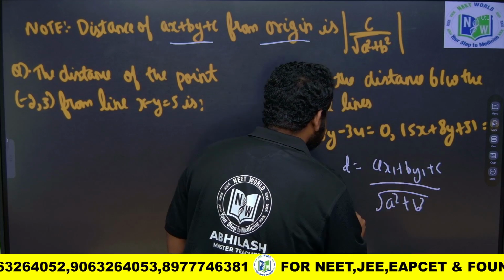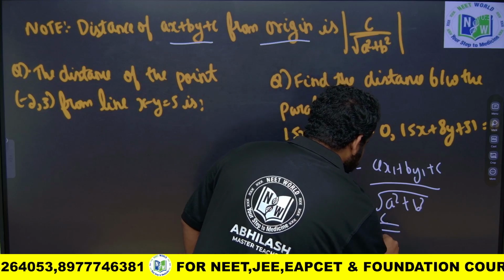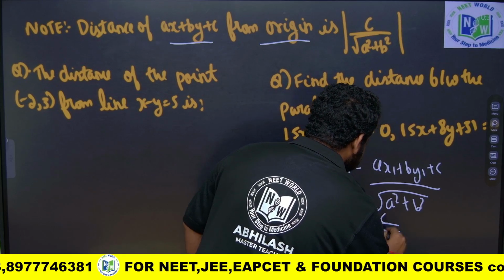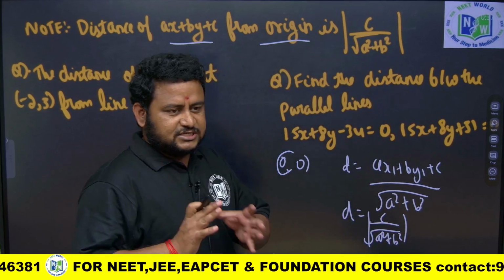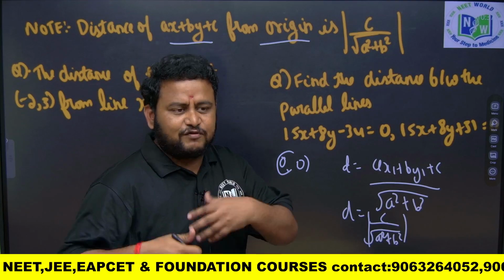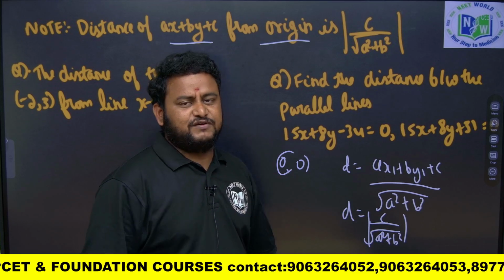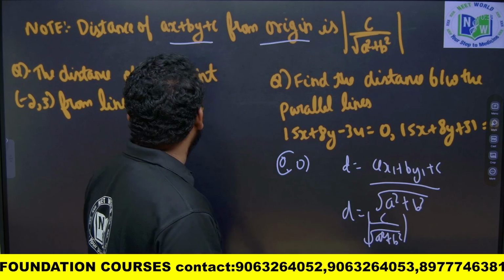But here x and y are 0, so a into 0 and b into 0 become 0, and it will be c by the square root of a square plus b square, with modulus. So the distance of the origin from a line is given by c by the square root of a square plus b square. If it is parallel lines, the difference between the constants divided by the square root of a square plus b square.